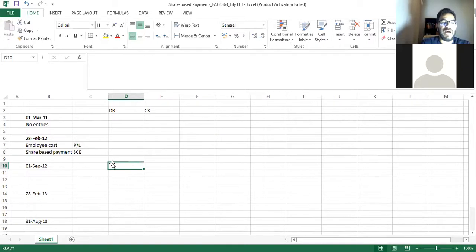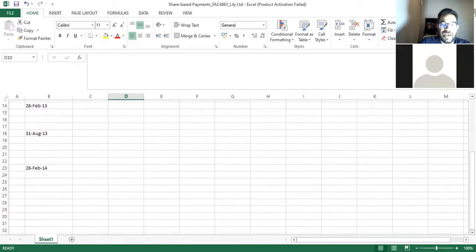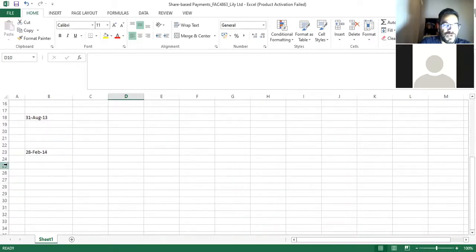Okay, now you must work out the number. What is best to do is to use a table. So when it comes to share-based payments, use a table.